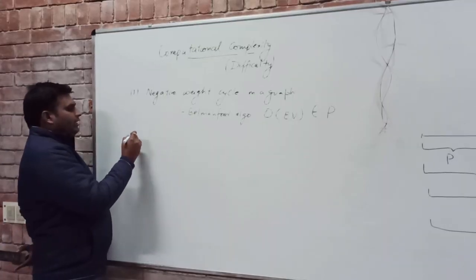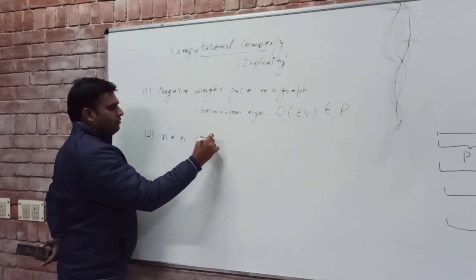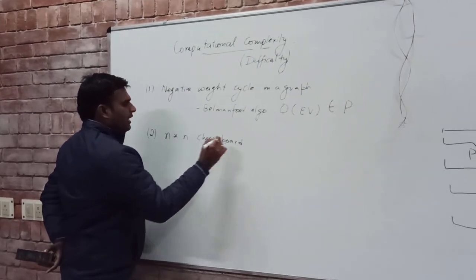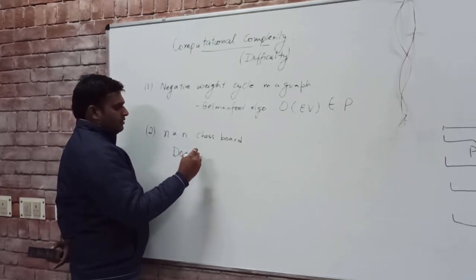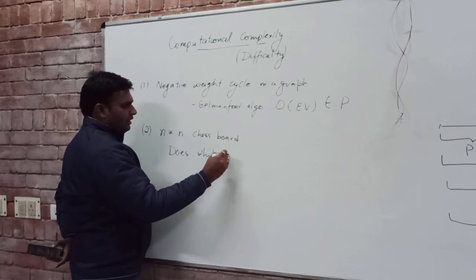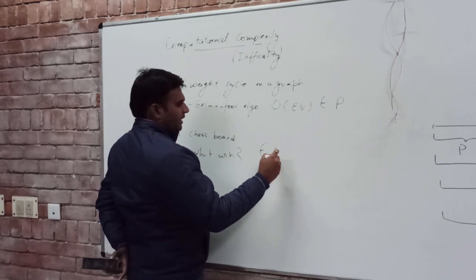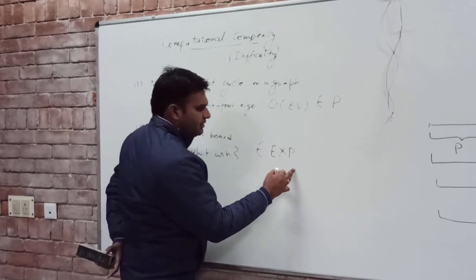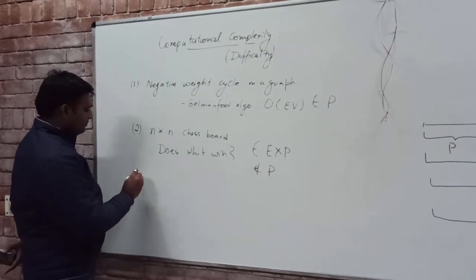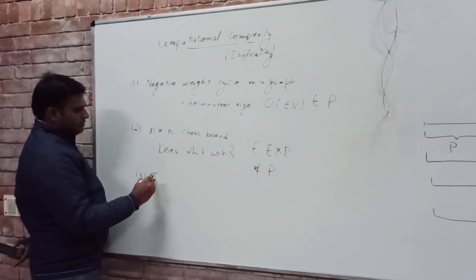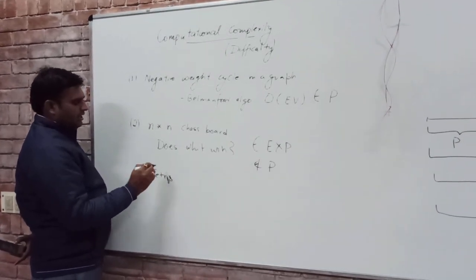The next problem we are taking is the N cross N chessboard. Suppose we have to answer, from a particular state, does white win from this state? This problem comes in the exponential class, XP class, and there is no polynomial time solution to this. Third, suppose we have the game Tetris.